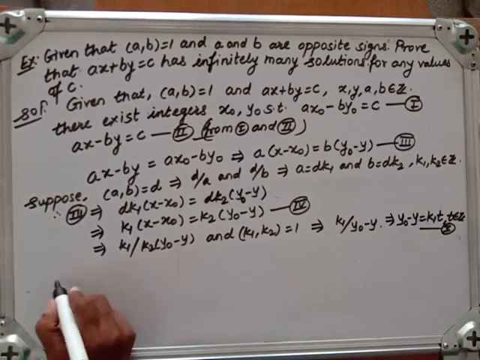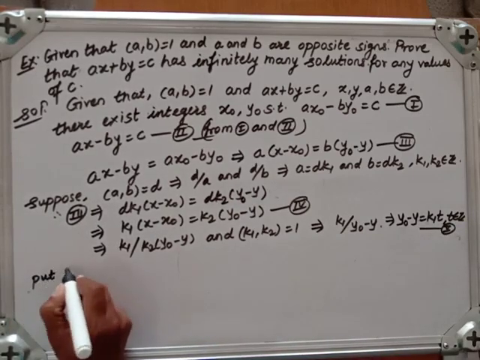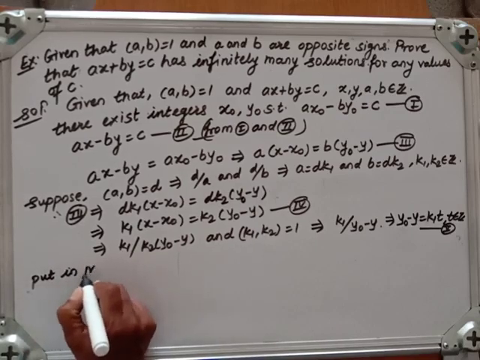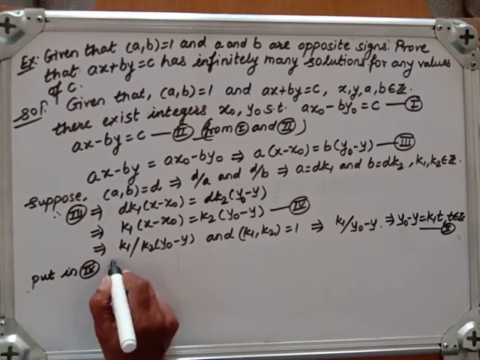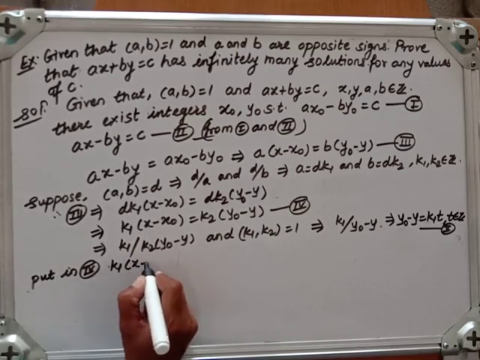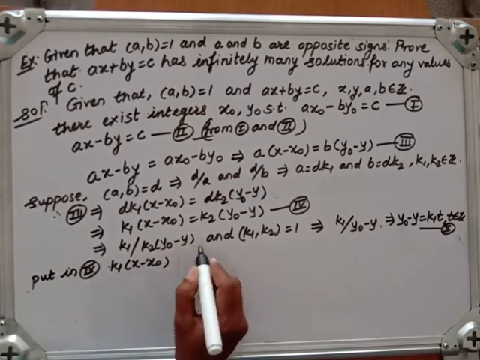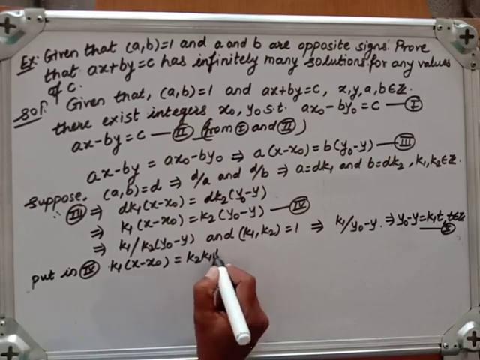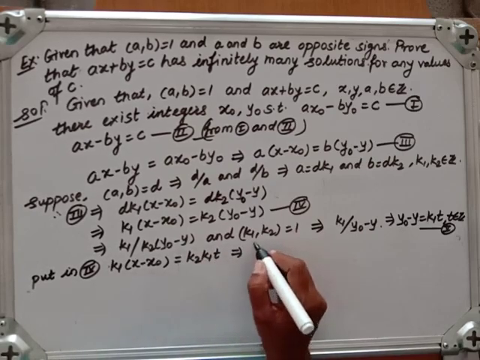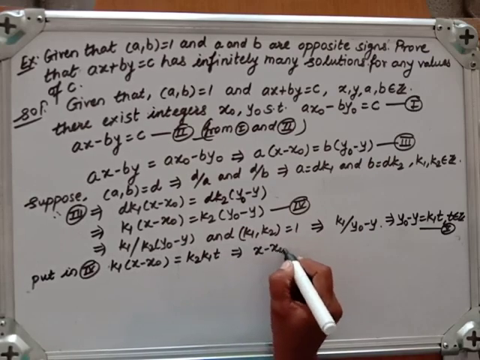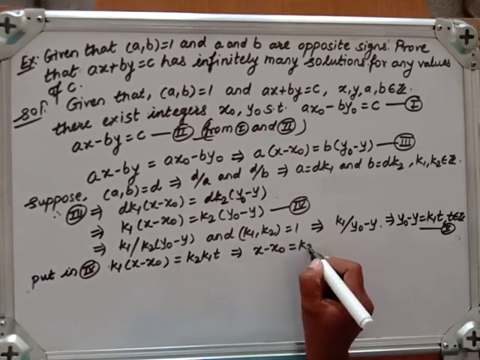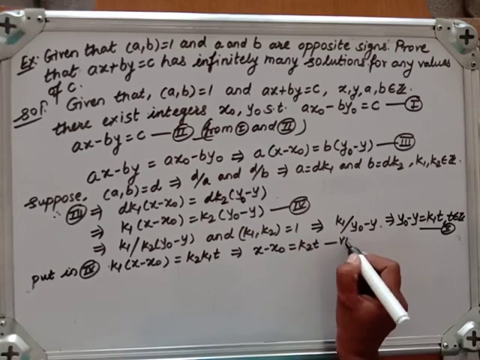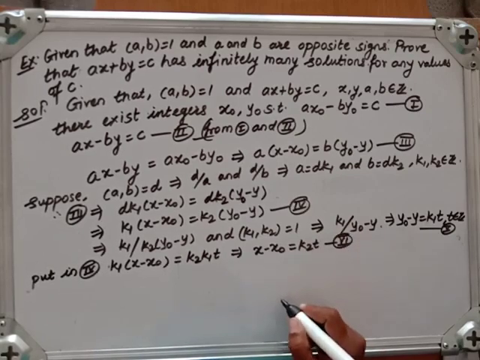Now put in 4, we get k1 into x minus x0 equal to k2 into k1t. So x minus x0 is equal to k2t. Call it equation number 6.